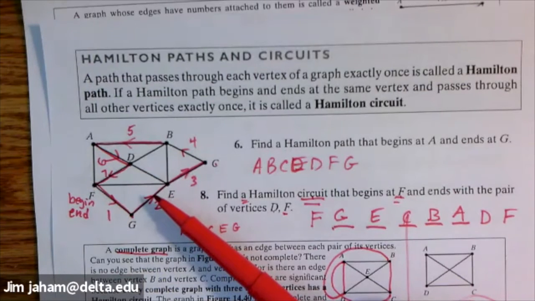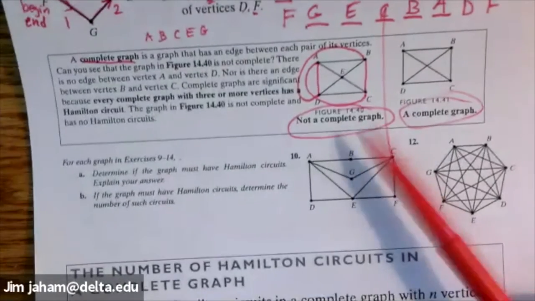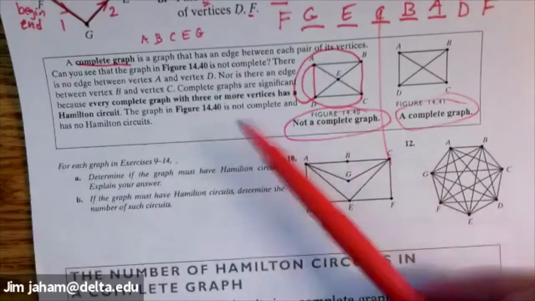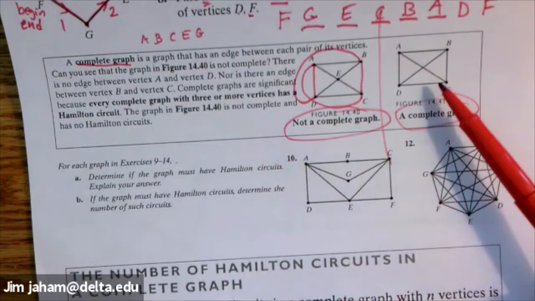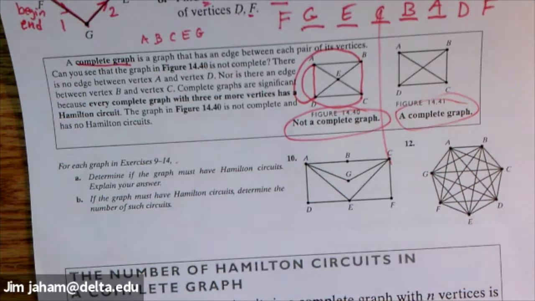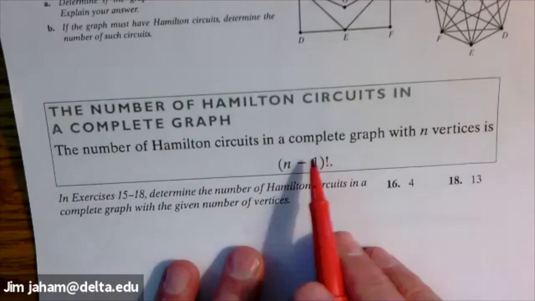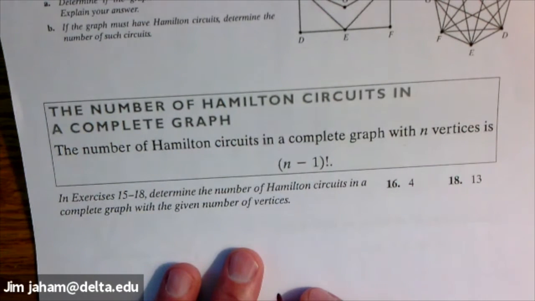But here was a graph that was not complete that did have a Hamilton circuit. So it doesn't mean that incomplete graphs do not have Hamilton circuits. What this theorem guarantees is that if you do have a complete graph, you will be able to sketch a Hamilton circuit.